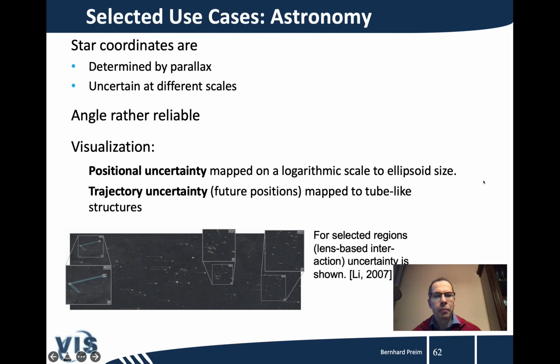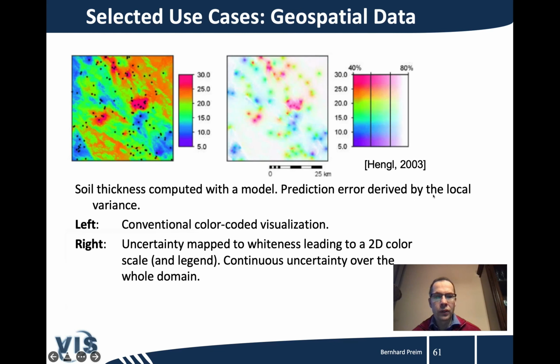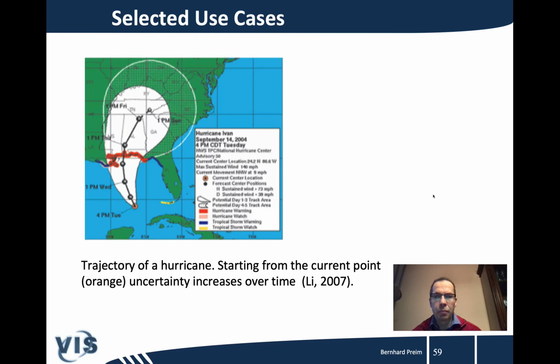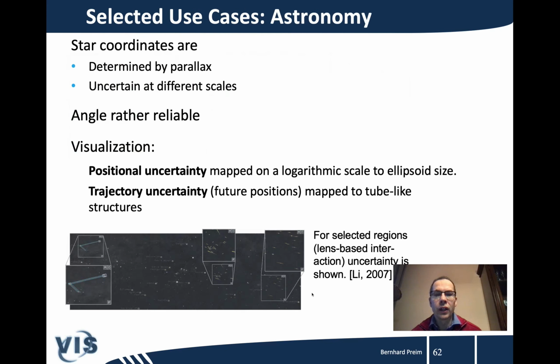And in this paper here, by the way, you see that's the same paper that we have seen here already from Lee and colleagues. So they discussed a number of uncertainty visualizations that use ellipsoids.